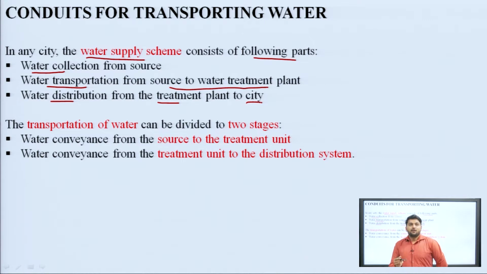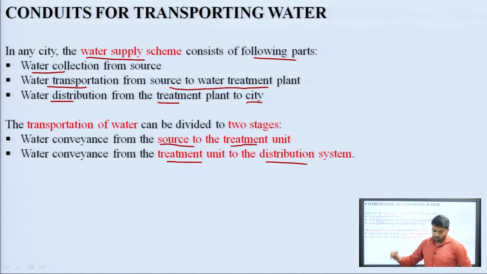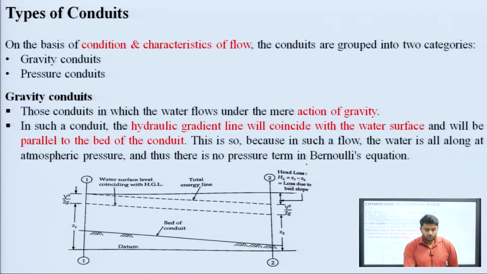Basically we can say that conduits are used for transportation of water in two stages. The first stage includes water transmission from the source to the treatment unit, and after treating the water, the water is further transported from the treatment unit to the distribution system. So, in two parts we will discuss the transmission of water by conduits.